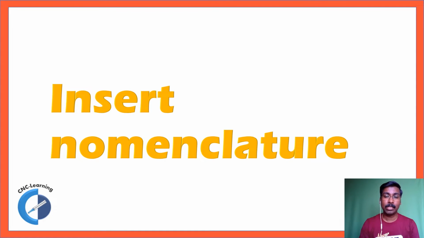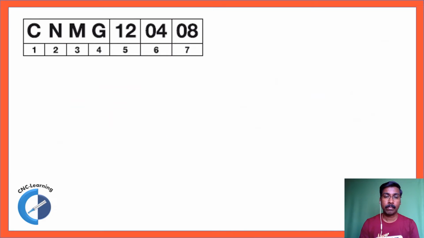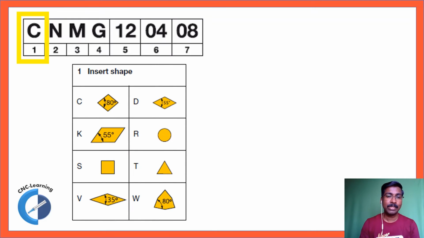Now let's see the insert nomenclature. If you take an example of CNMG, the full specification will be CNMG 120408. We'll see what each letter or number indicates. The first one, C, is for insert shape.